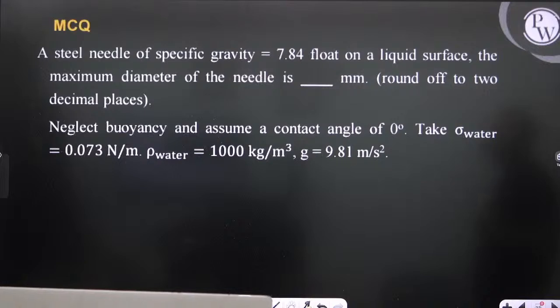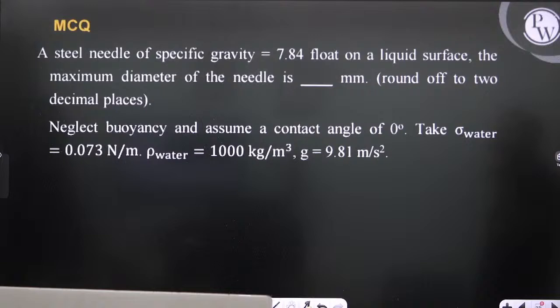A steel needle of specific gravity 7.84 floats on a liquid surface. The maximum diameter of the needle is? So there is a needle having a specific gravity 7.84 that floats on a liquid surface, and that liquid is water.